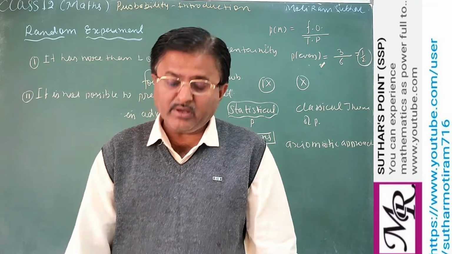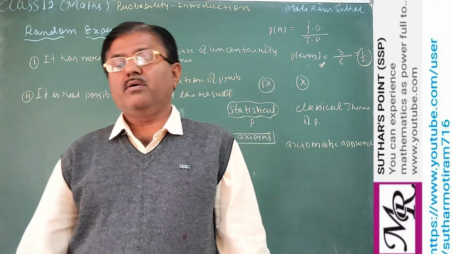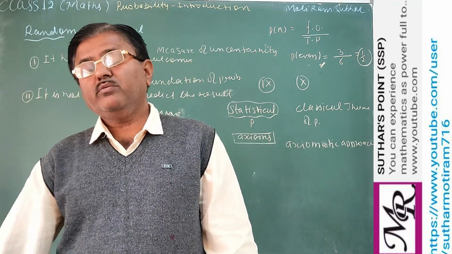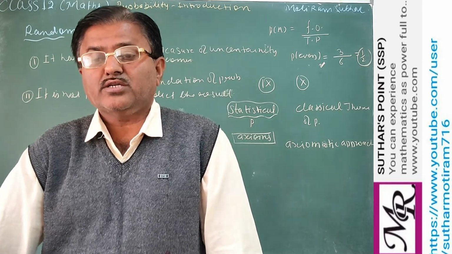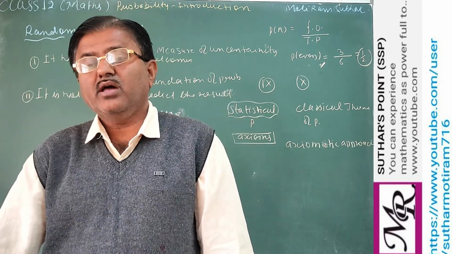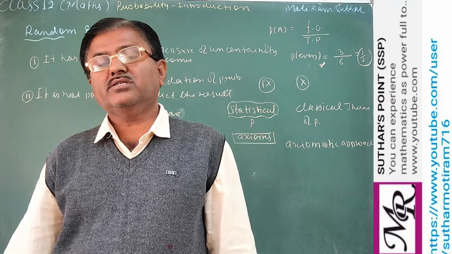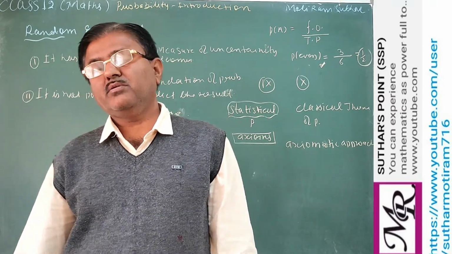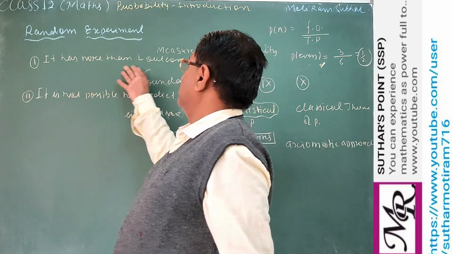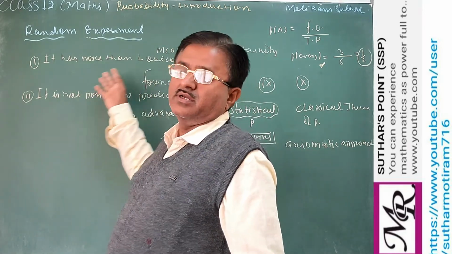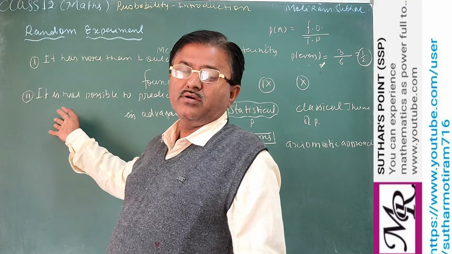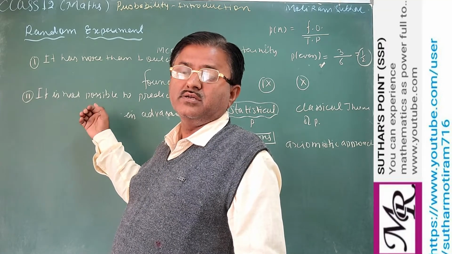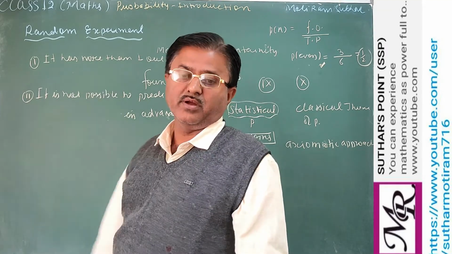In our chapter on probability, whenever we talk about an experiment, we simply use the word experiment. It means it is a random experiment: it has more than one possible outcome and we cannot predict the result of the experiment in advance.